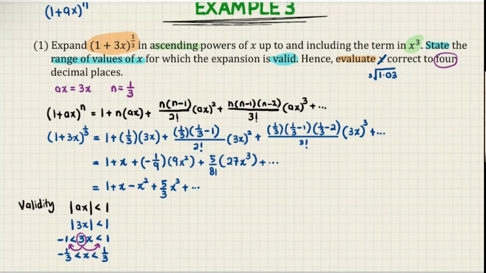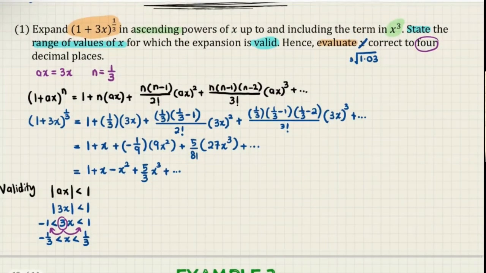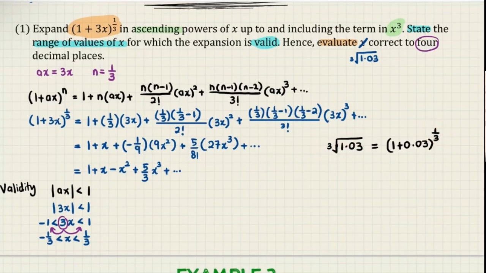Okay, so let's start with, saya tulis kat sini, cube root of 1.03. Okay, cube root 3 tu kecil. So it can be written as 1 plus 0.03 to the power of 1 over 3. Betul tak? Punca kuasa 3 adalah kuasa 1/3 and 1.03 I can write as 1 plus 0.03.